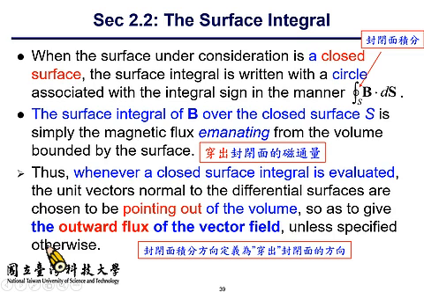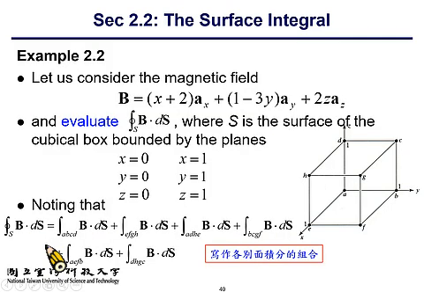Be sure to remember the definition of the closed surface integral. And here's an example. Suppose we have a strange magnetic flux density like that. Well, it's legal, even though you may not encounter such a magnetic flux distribution in real life.